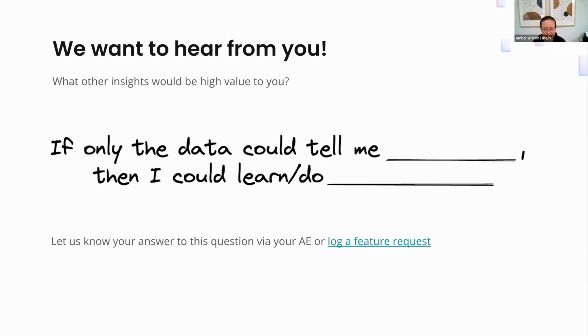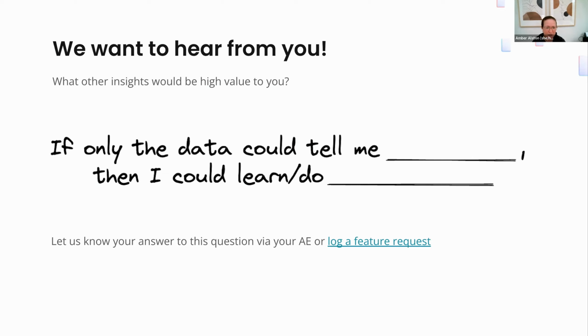So in case it's not clear, we really want to hear from you. Which data would you like to see on customer instances, customer events, team activity, more? What would make your job easier and allow you to unlock more value from our instance capability? So my parting ask to you in this talk is to think about this question I posed here. If only the data could tell me blank, then I could learn or do blank.